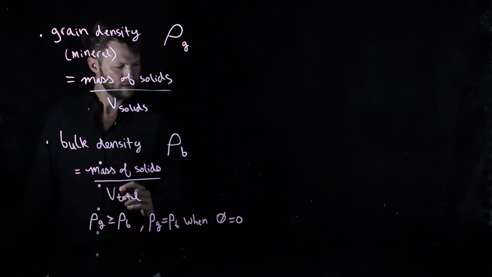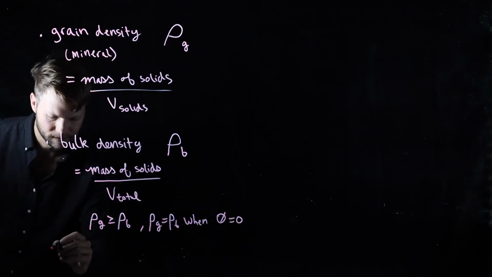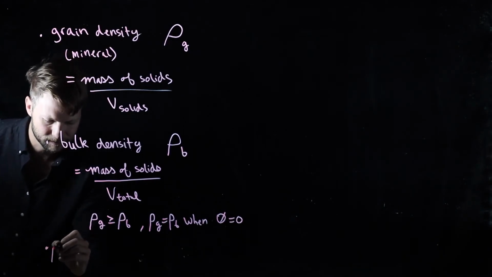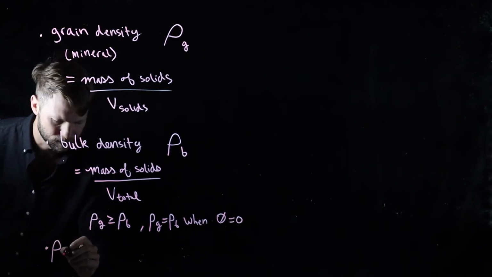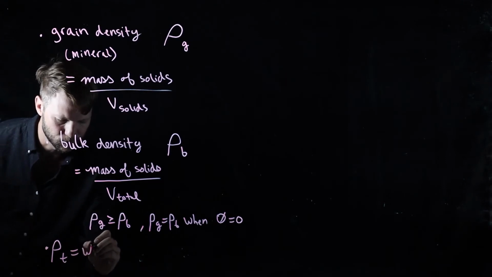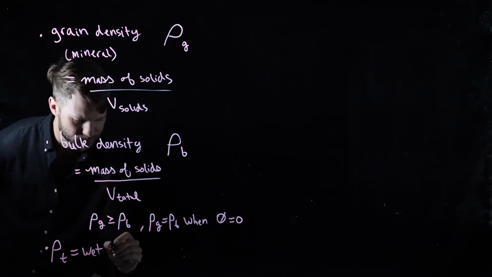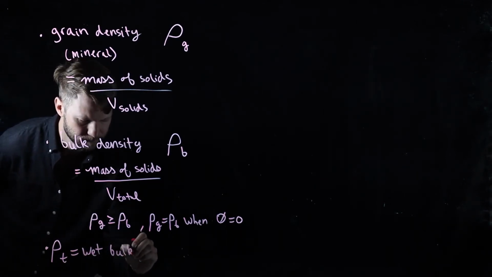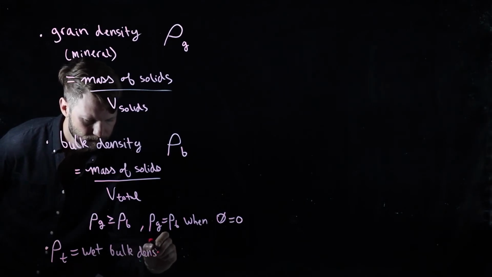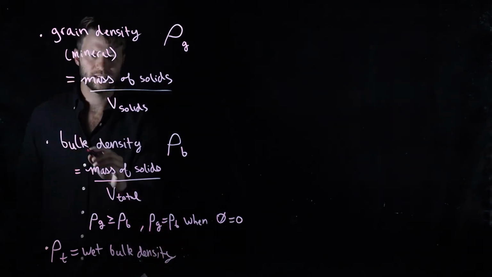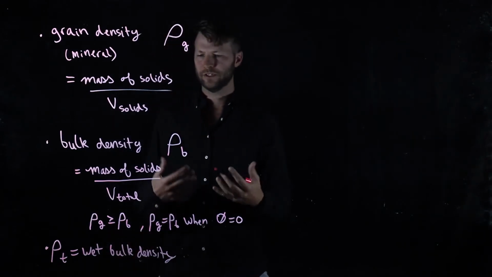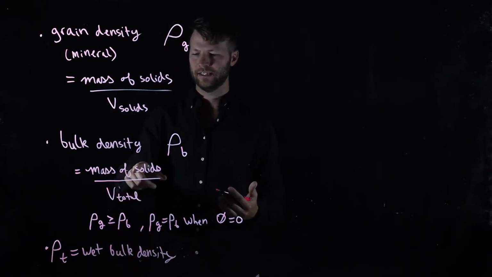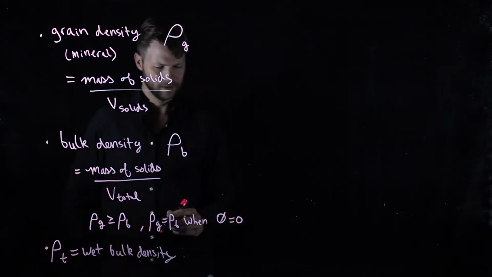Now, there's one final term. It's not as common, but it's known as rho sub T, and this is the wet bulk density. So whereas the bulk density specifically refers to a dry sample, you're just taking the mass of the solids divided by the total.